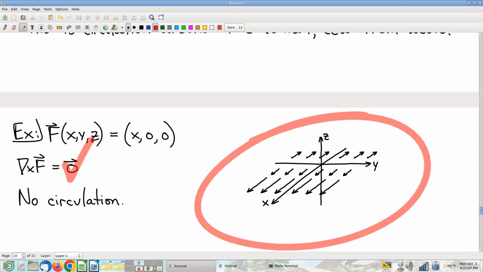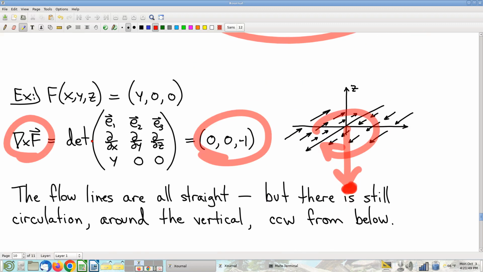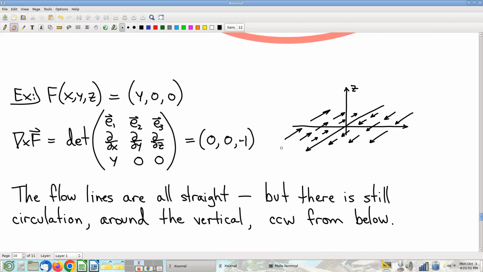Confirmed by curl. And then if you look at this vector field, even though the flow lines are all straight lines, nevertheless, if you were to imagine something floating here, notice the vector field is pushing on that side in that direction, and it's pushing on this side in that direction.